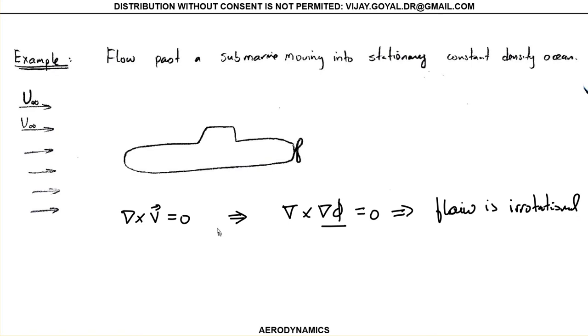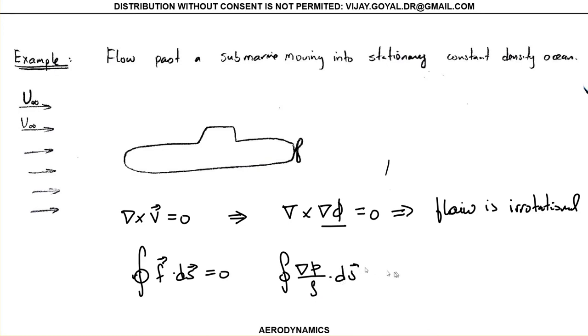Okay. And where is this irrotational? It's irrotational everywhere around my submarine. And if that's the case, then I can say that the enclosed integral of all my body forces will also be 0, so all my pressure loads are also 0.